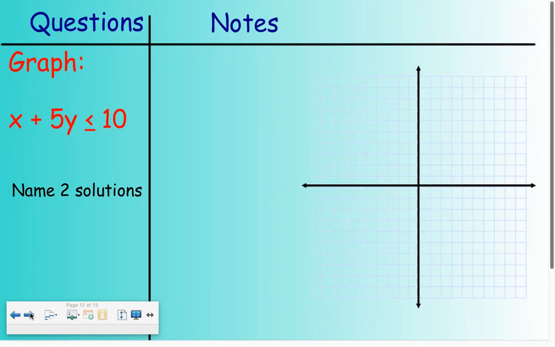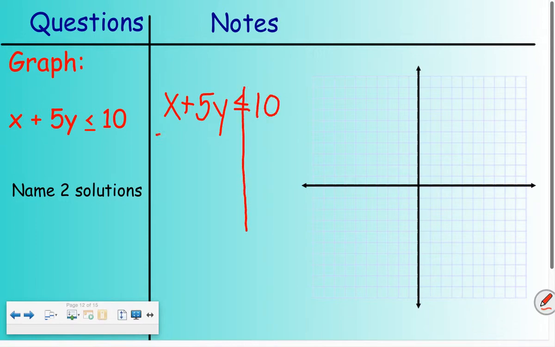All right, so now we're going to graph x plus 5y is less than or equal to 10. So let's subtract x on both sides. And then we have negative x plus 10 on the right-hand side.